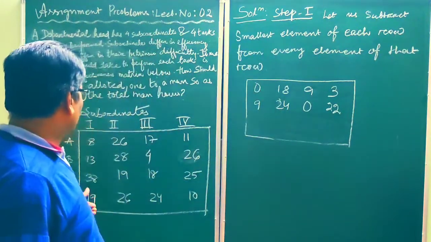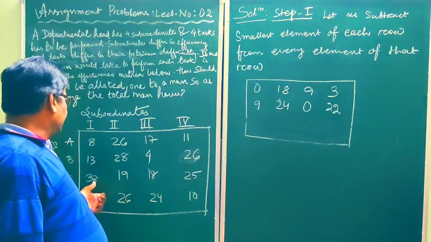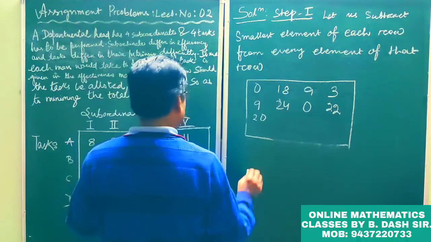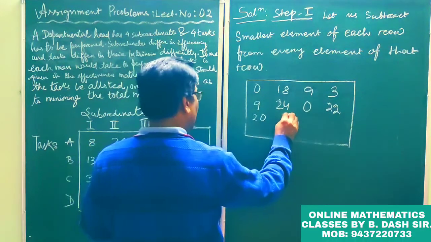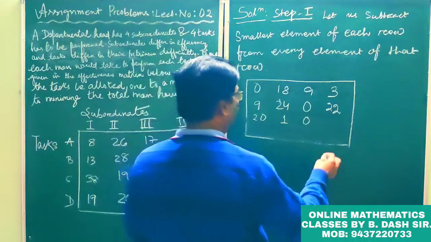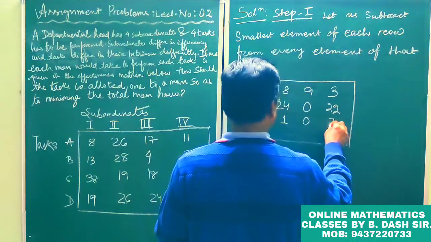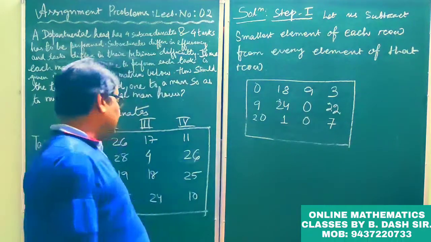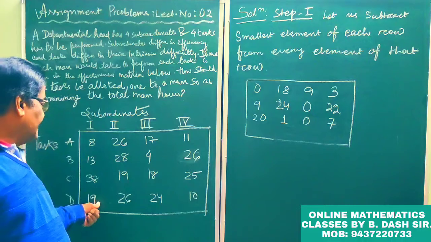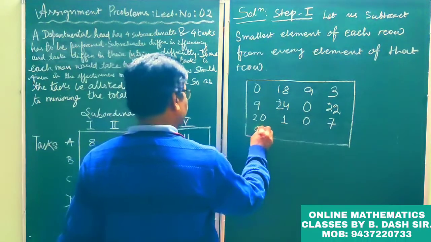In the third row the minimum element is 18. Now 38 minus 18, 20. 19 minus 18, 1. 18 minus 18, 0. 25 minus 18, 7. Now 10 is the minimum element in the fourth row. Now 19 minus 10, 9.